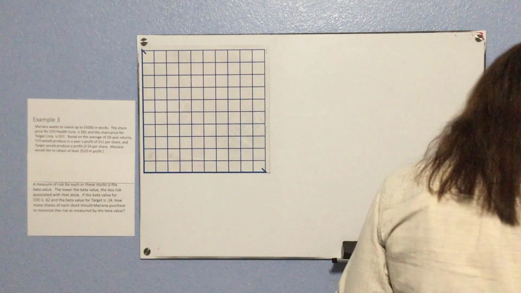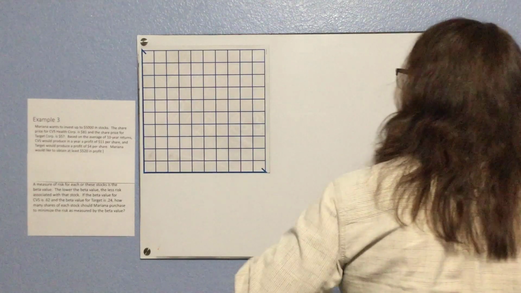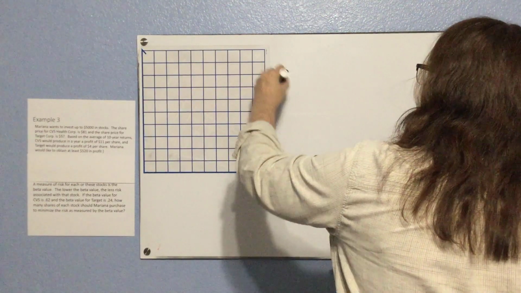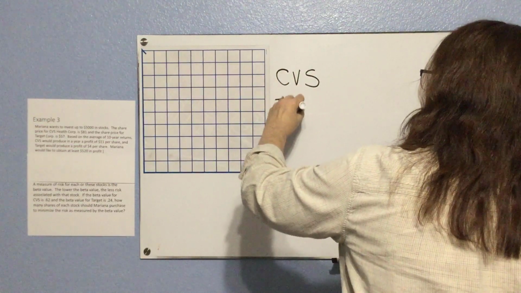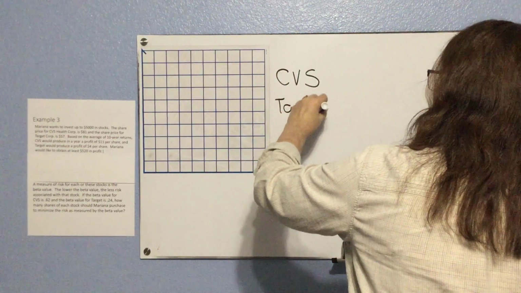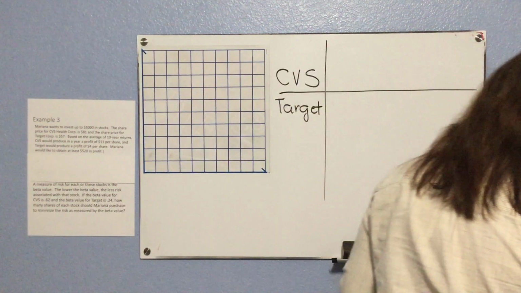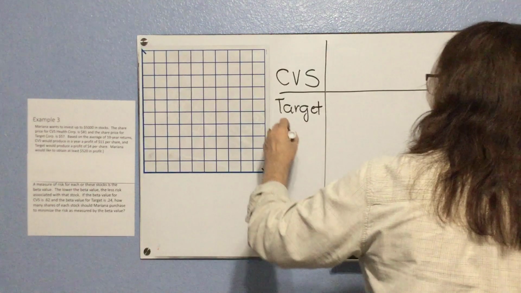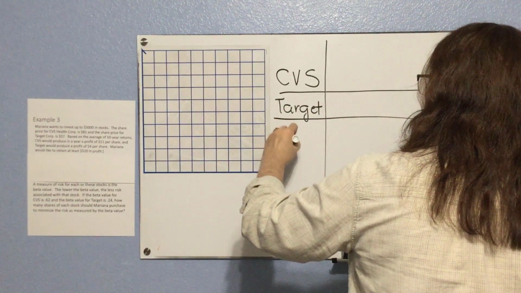So let's get started on a table. We're going to be looking at CVS and Target, our two stocks. And then we have constraints here.